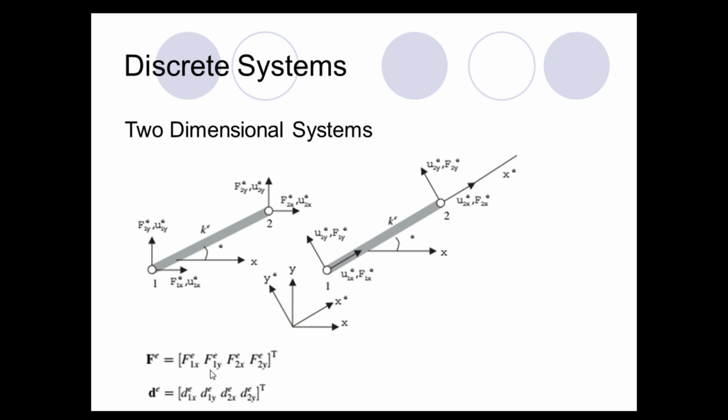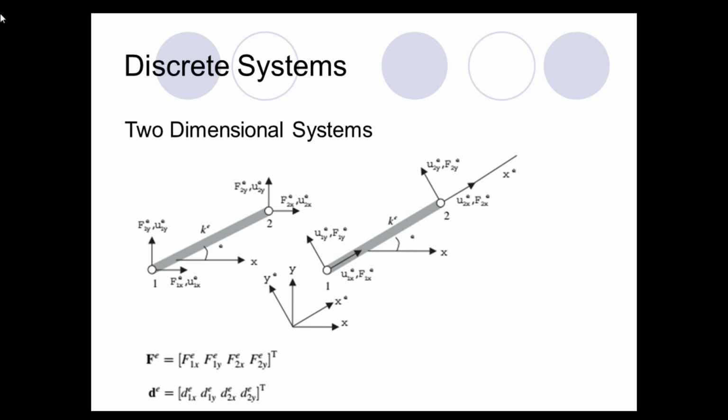In fact, you can do it in a different way. First, you can write the forces in x direction for both node 1 and node 2. Therefore, f2x will become the second member of this vector, and f1y will become the third member of this vector.